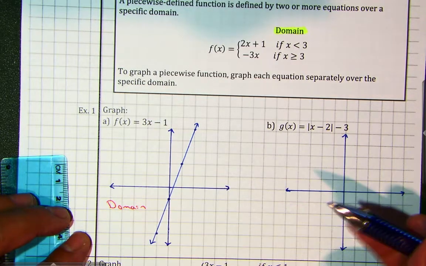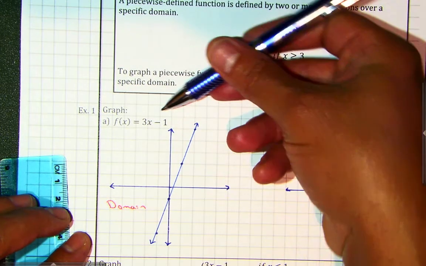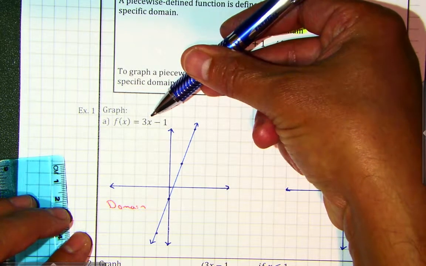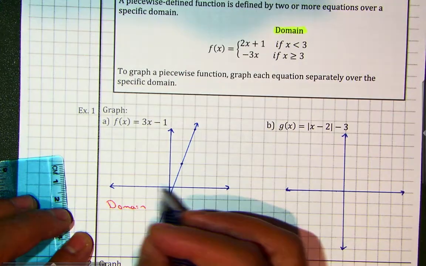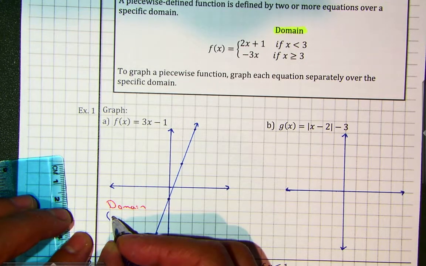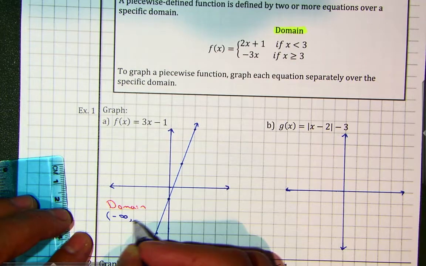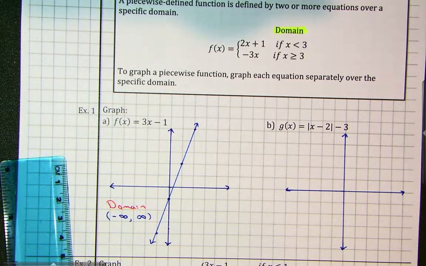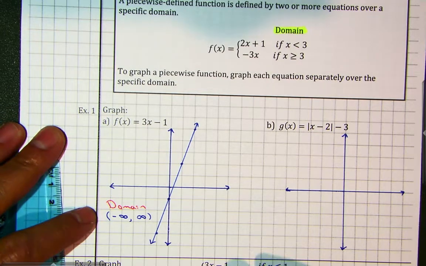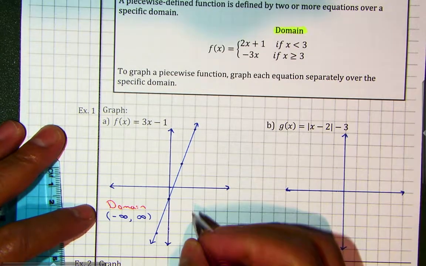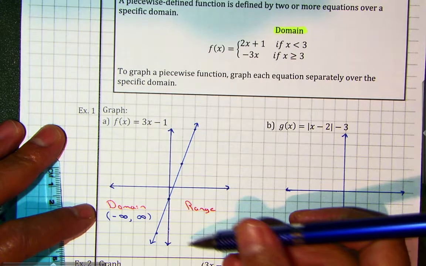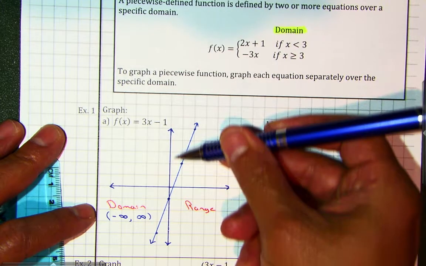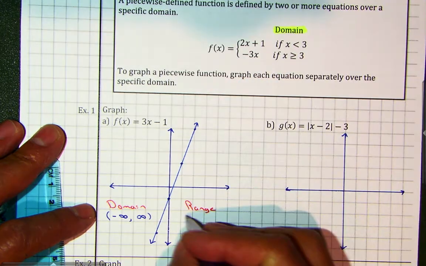Remember, we want to think about two ways. Algebraically is what values can I plug in for x? There are no restrictions. I can plug in negative, 0, positive. So therefore it will be all real numbers, from negative infinity to positive infinity. And for your range is what values do you get back? So notice that in this case you can see it by your graph. You get negative numbers all the way to positive numbers, so all real numbers.